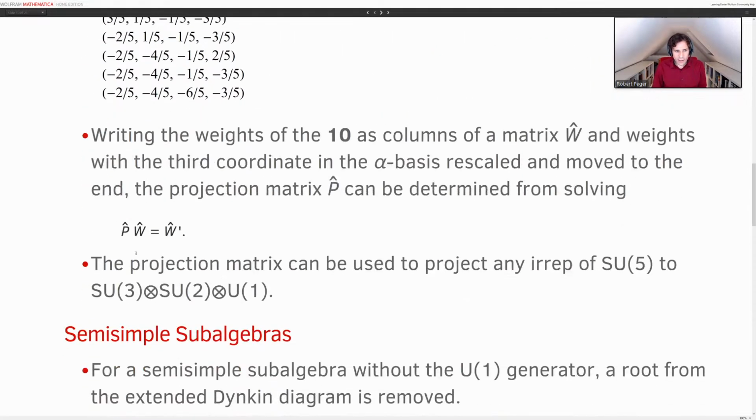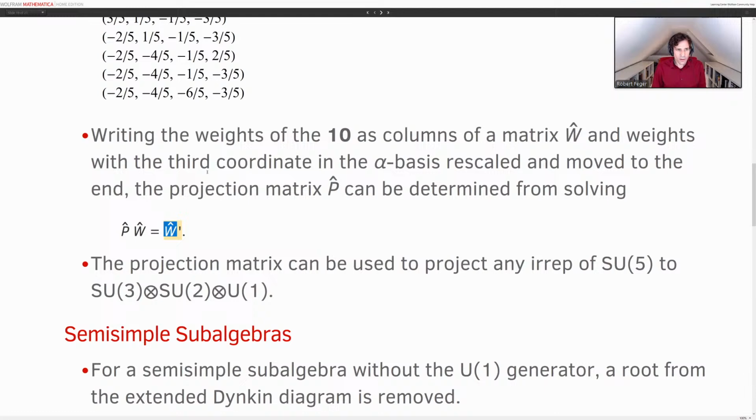For determining the projection matrix, you have this equation here. P is the projection matrix, W is the matrix of the weights of the 10, the unprojected irrep, and W prime is the projected weights.